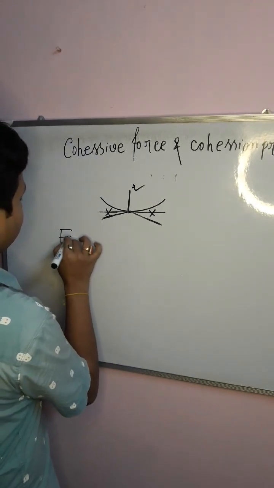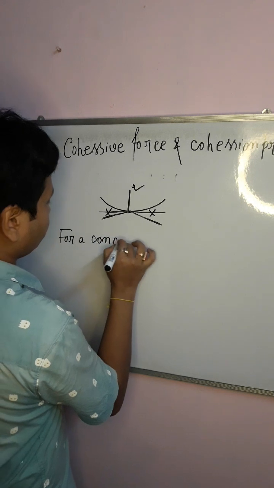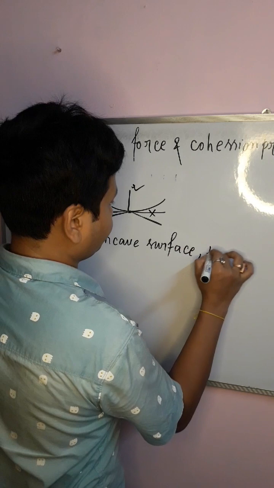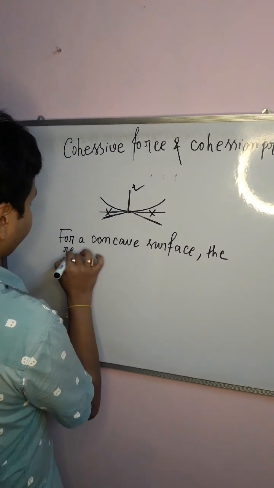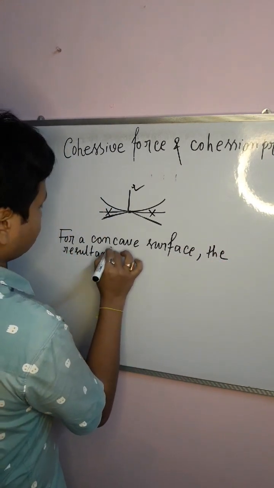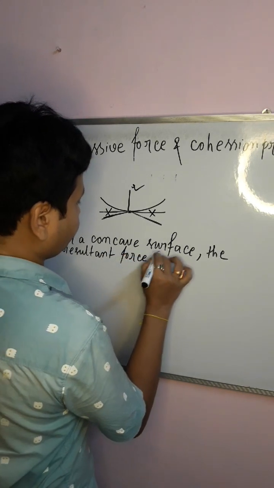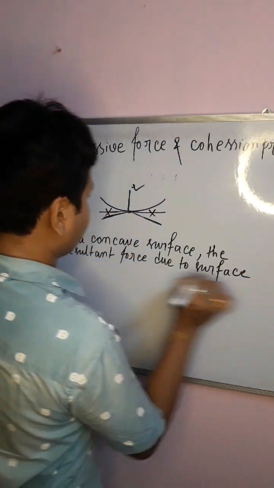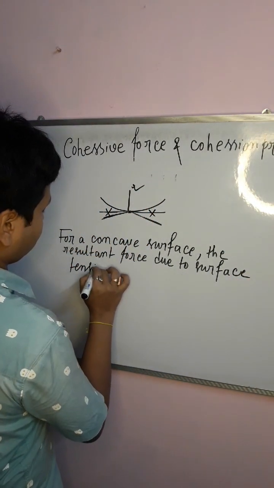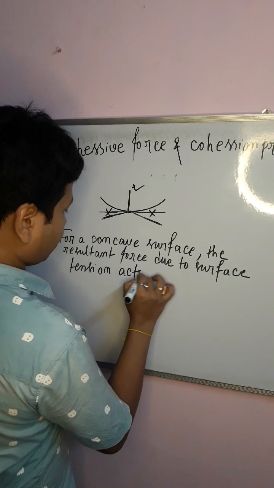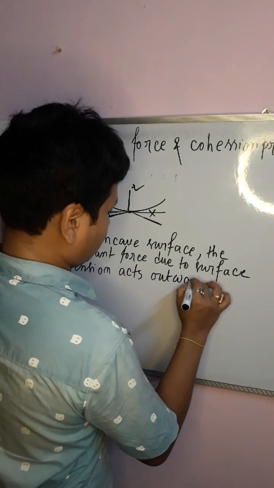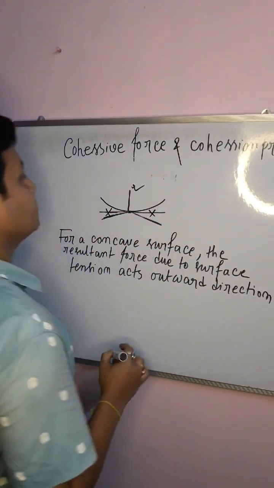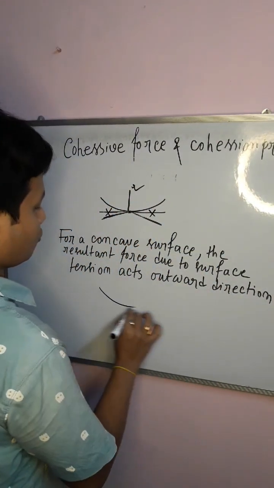So for a concave surface, the resultant force due to surface tension acts in the outward direction. Okay, so that means what happens if this is a concave surface.